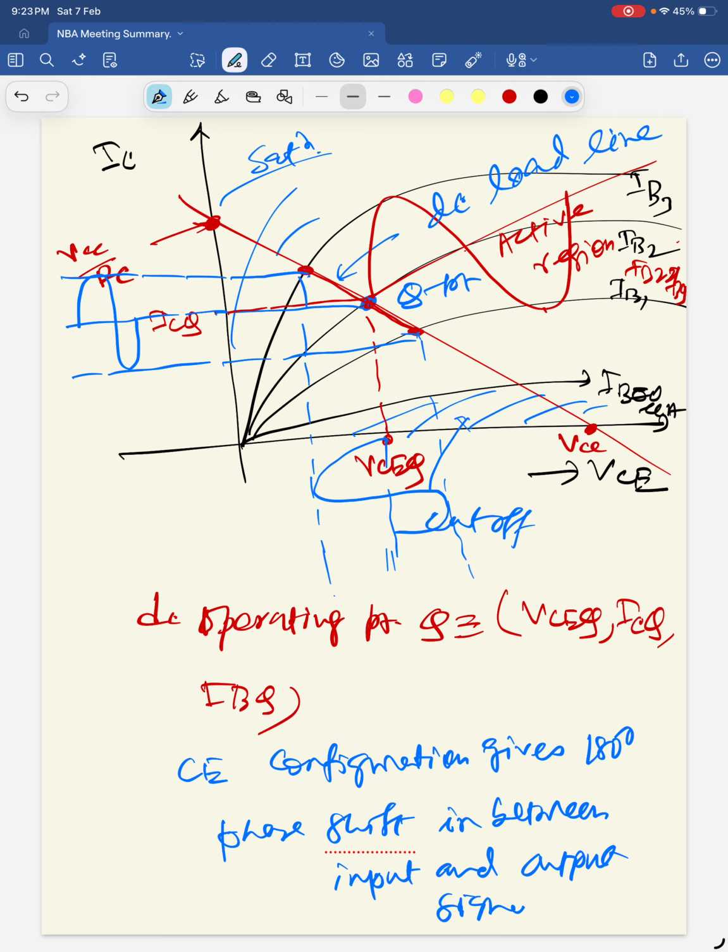So that is clear here. So we are getting the full cycle at the output, the collector current and the VCE swings.